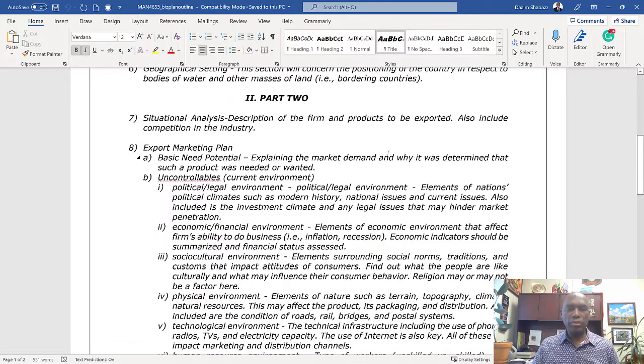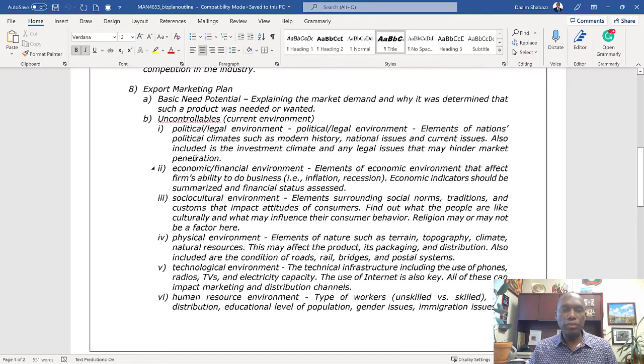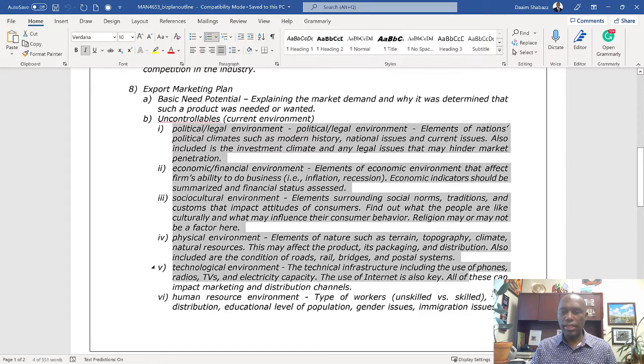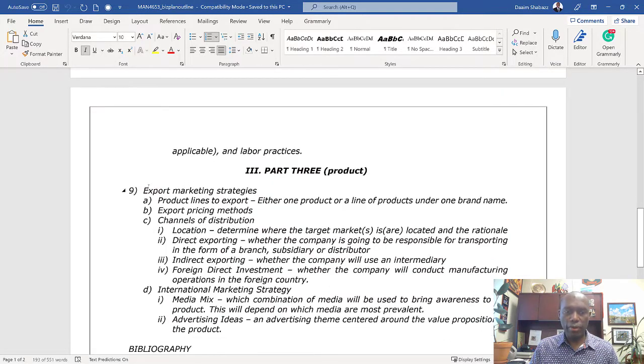Now, moving down to some of the things that you will be dealing with sooner rather than later. Situational analysis is later. Basic need potential is later because you have not chosen a product yet. So what you want to do is focus on the uncontrollables here. These are all the factors that you will look at that will determine how you will handle the marketing mix, or the 4 Ps, which is part 3.